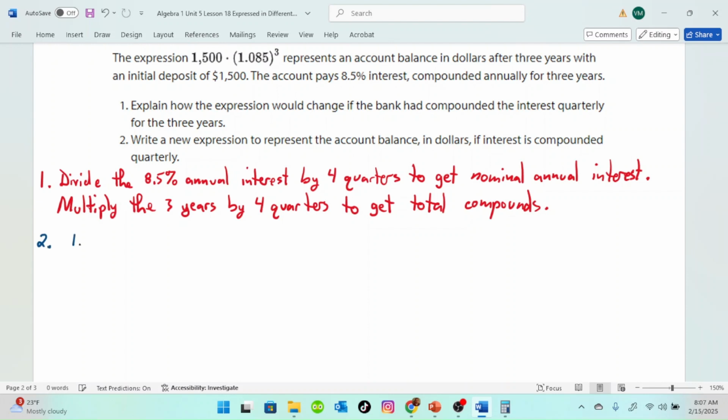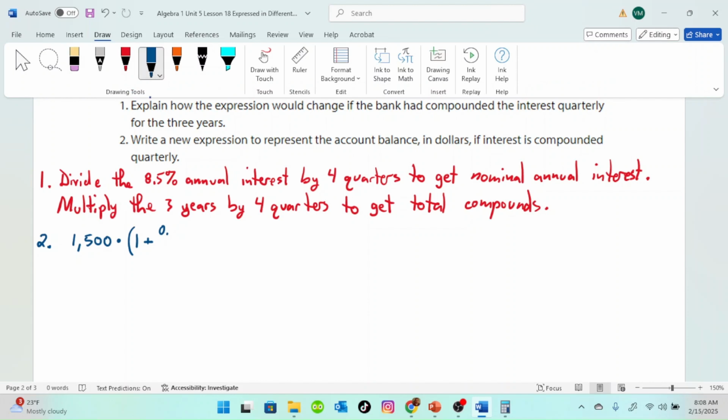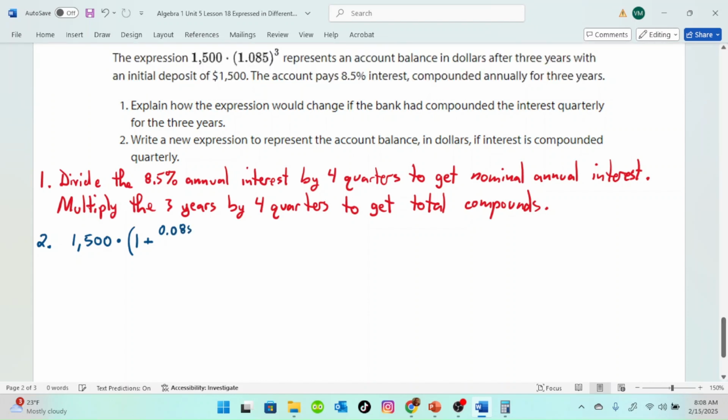So we're still going to have the initial $1,500, but now it's going to be 1 to maintain the current amount plus the 0.085 divided by the 4 quarters to the power of the 3 years times 4 quarters.